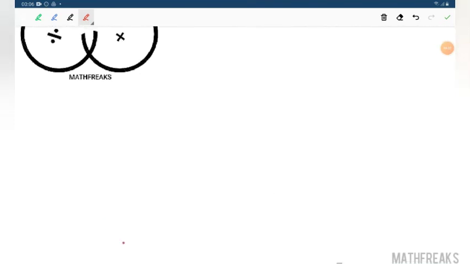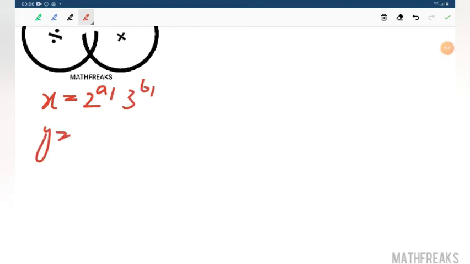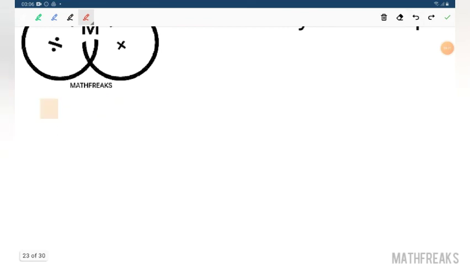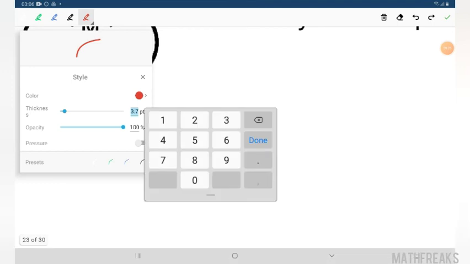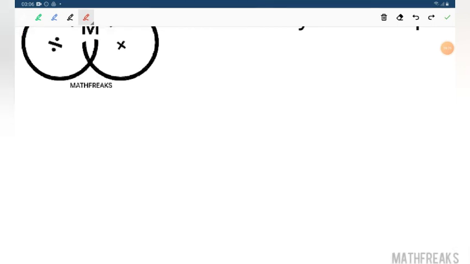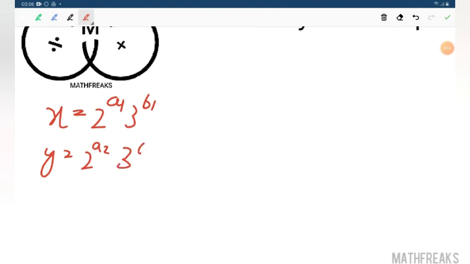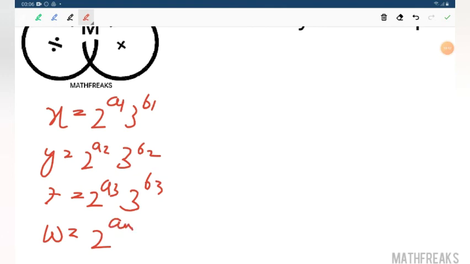similarly, the earlier approach we will use, that is x equals 2 to the power a1, 3 to the power b1, y equals 2 to the power a2, 3 to the power b2, z equals 2 to the power a3, 3 to the power b3, and w equals 2 to the power a4, 3 to the power b4.